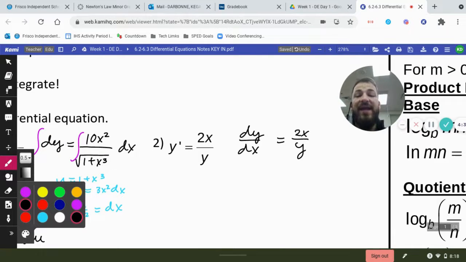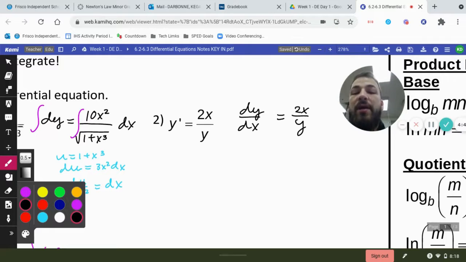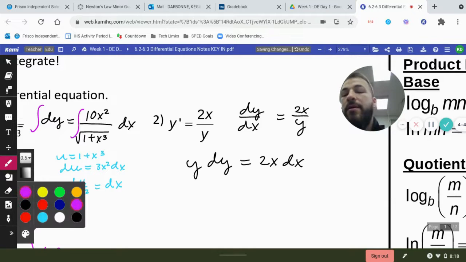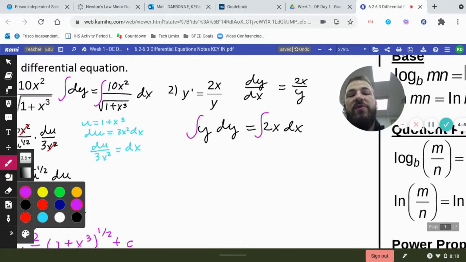As my next step, I need to get y's over on the left side and x's over on the right side. So I can multiply y over, so that becomes y dy, and I can multiply dx over, which makes this 2x dx. And then I'm going to integrate both sides, so integral of y dy, integral of 2x dx.